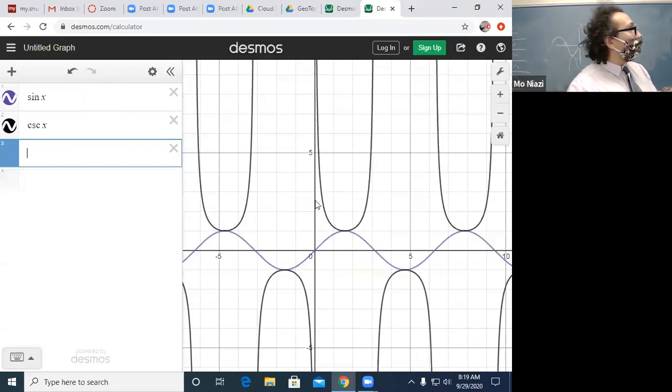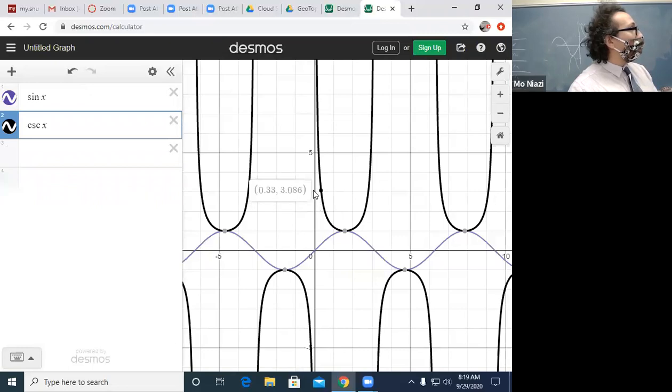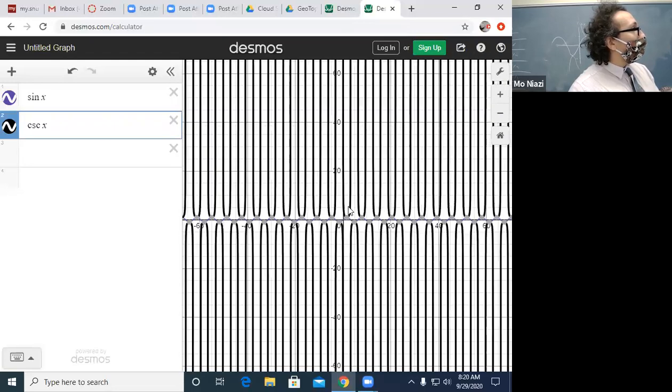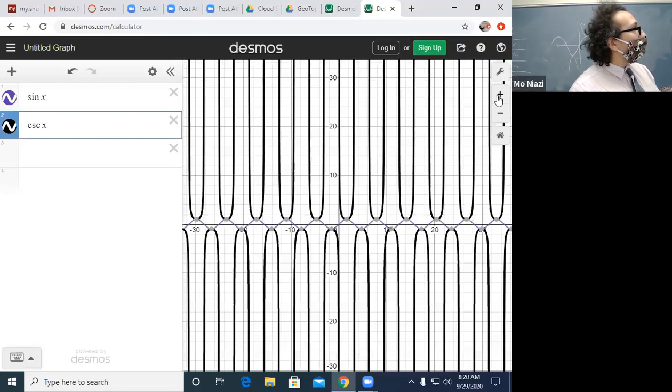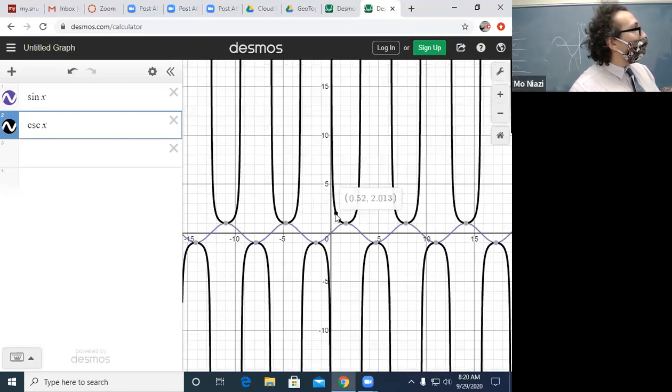And that's why, look, the cosecant function, as you get closer to the 0 for the x, the y grows without bound. If I were to zoom out here, we'd notice that it infinitesimally approaches that y-axis, but it never touches it.